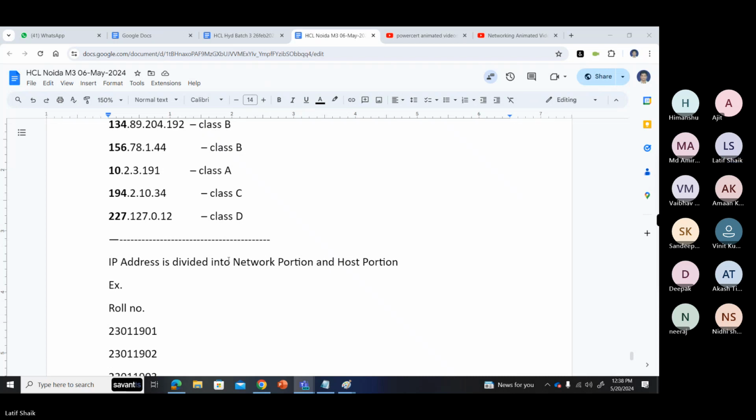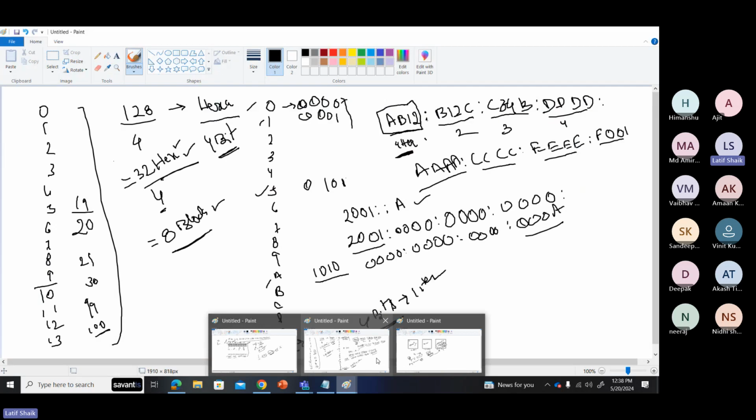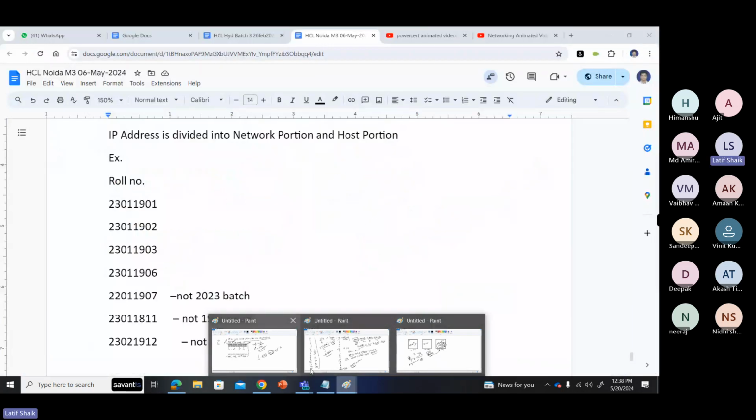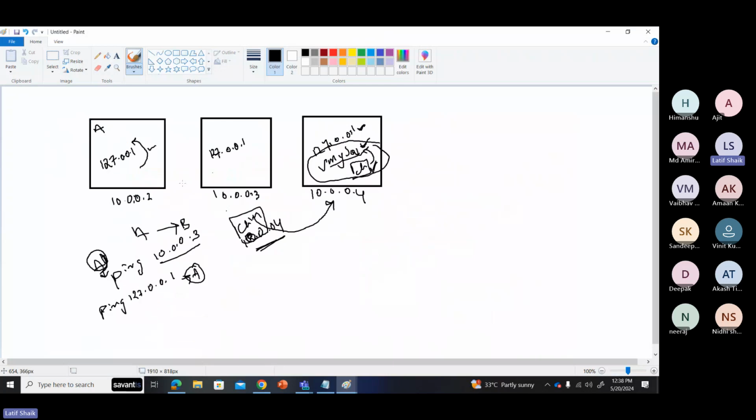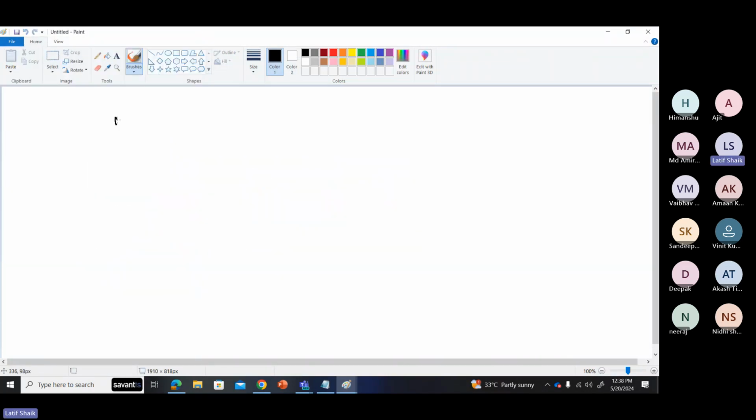Okay. So the IP addresses are divided into network portion and host portion. I gave this example earlier.